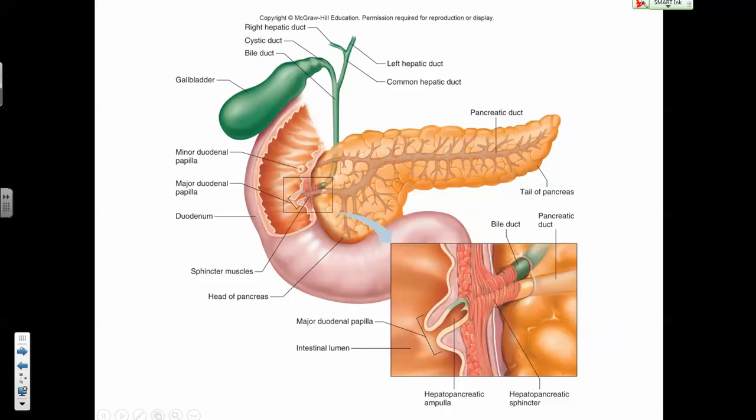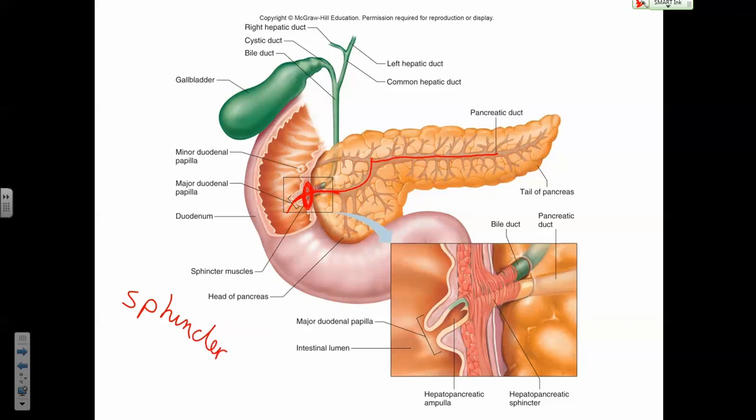So there you see the pancreas. Here you see the big ducts, the big pancreatic duct, and it has a couple of openings into the small intestine, but the main one is that one right there, and it's controlled. Its release is controlled by another sphincter muscle. There's a lot of sphincter muscles in this chapter. This one is called the sphincter of Oddi.